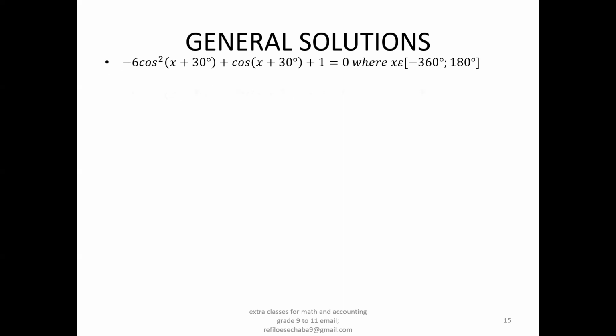By 180 minus, sin is positive, and cos and tan are negative. And 180 plus, tan is positive, sin and cos are negative. 270 plus, cos is positive, and sin and tan are negative.